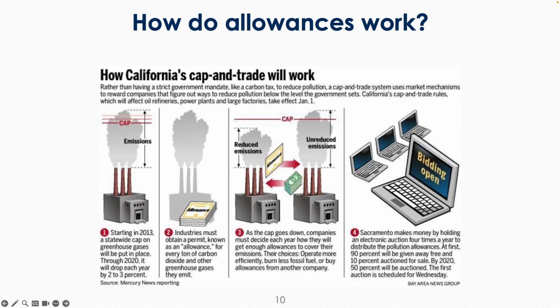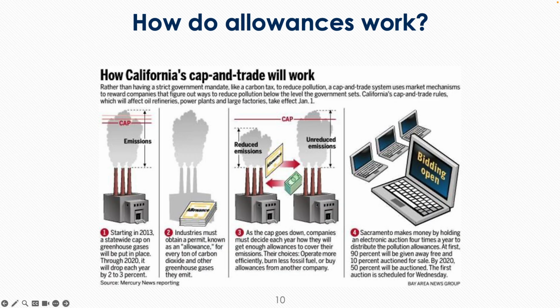So in the state of California, I consider every entity that emits carbon, I add all of that carbon up, and then I figure out how much I want to reduce it on an annual basis. So every year in California, we drop the amount of the cap by about 2 to 3%.